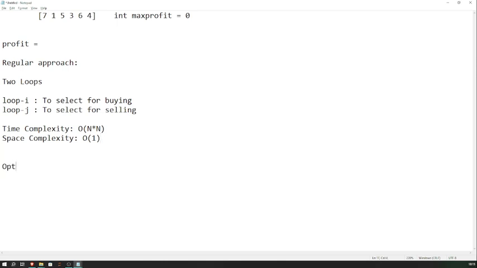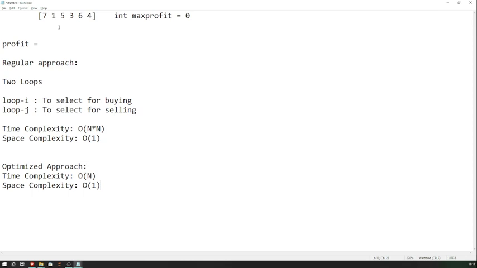So, optimized approach. What is the expected time complexity in the optimized approach? Expected time complexity is O of n, and space complexity is O of 1. Let's see what we can do.